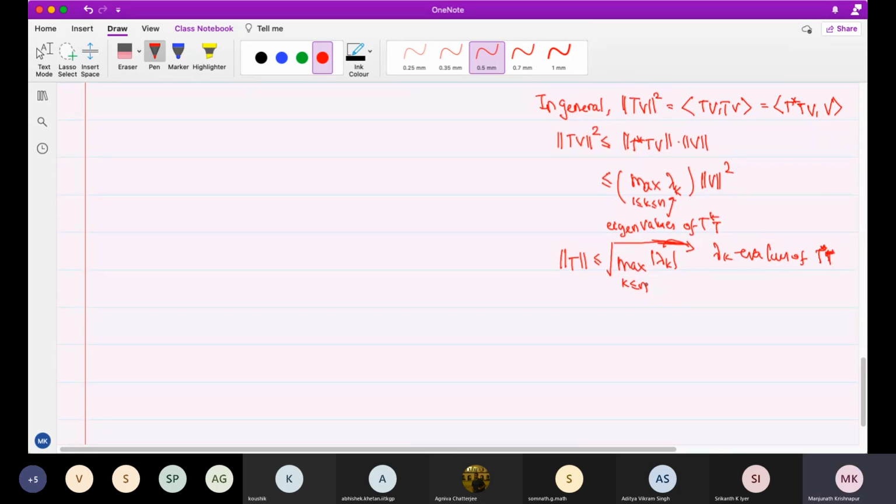This is not that easy to get a handle on. So often one uses this inequality.